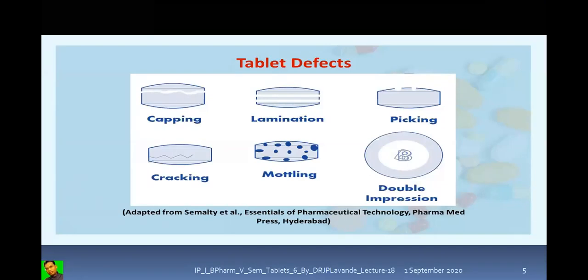Now it involves the formation of reversible and irreversible deformations. The reversible deformation is said to be the elastic deformation, and the irreversible deformation is said to be the plastic deformation. So the particles are subjected to plastic and elastic deformations.